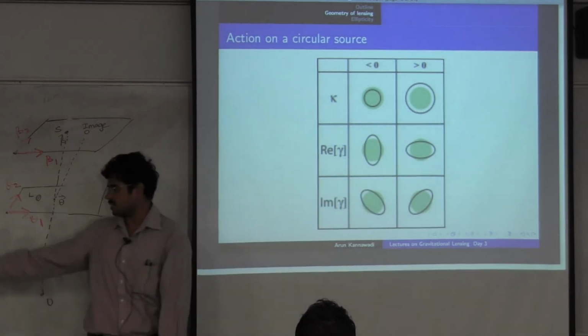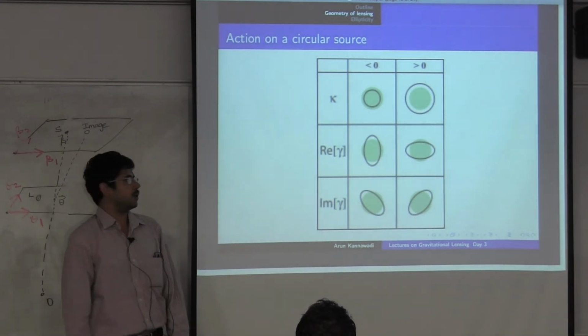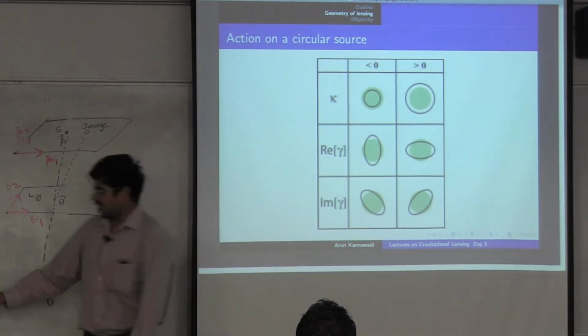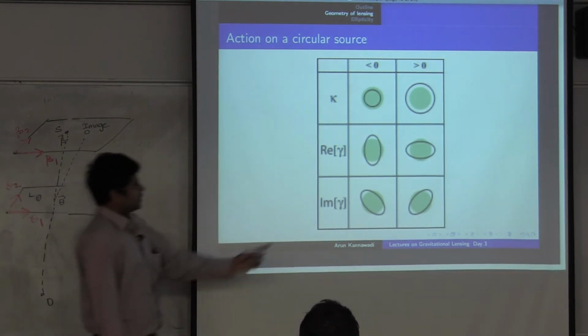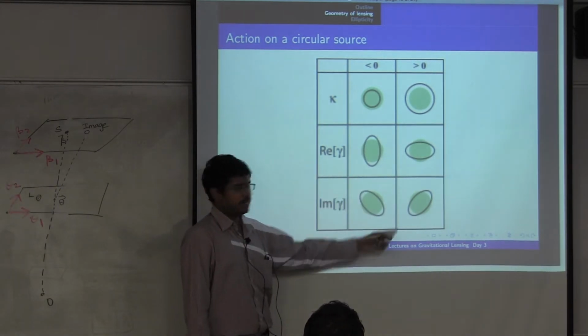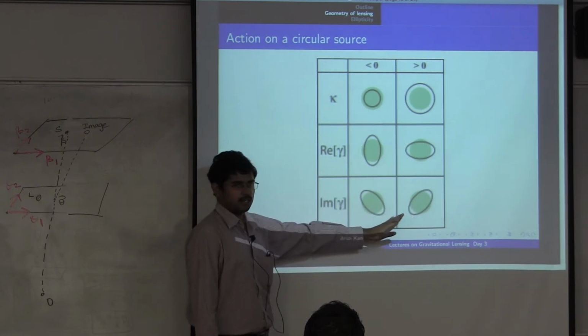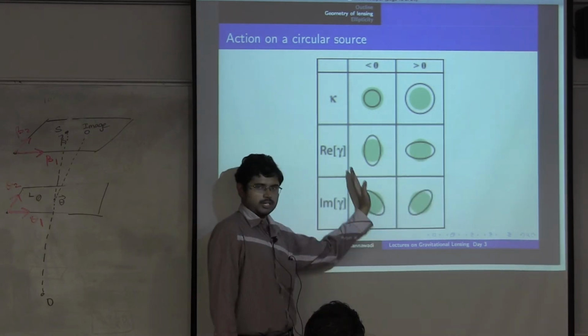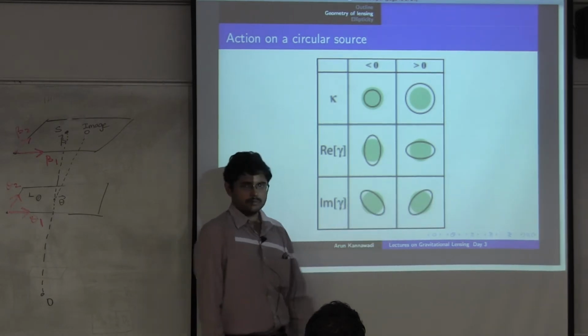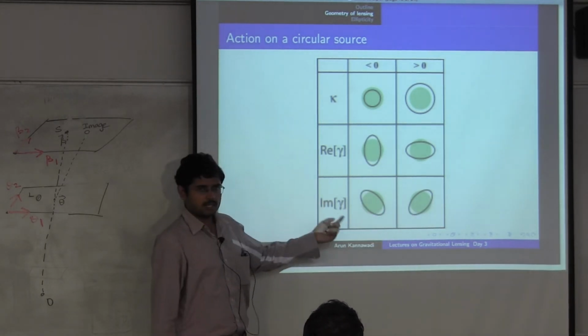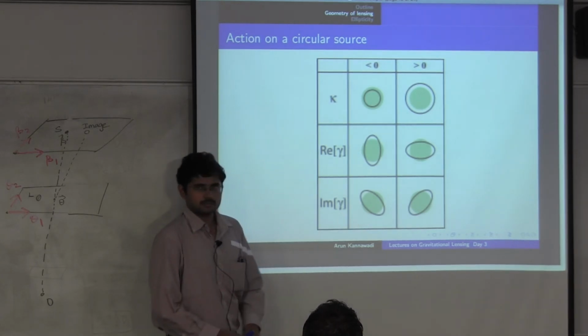Again, it depends on the sign of G1 or gamma 1. And if G1 is 0 and G2 is non-zero, then the stretching happens along a 45-degree angle. So it can be along 45 degrees or 135 degrees, or pi by 4, 3 pi by 4. This is when G1 is 0 and G2 is not 0.